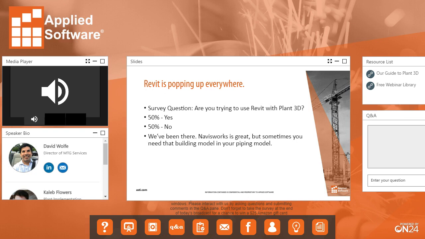So that workflow of integrating Plant 3D with Revit is something we're hearing about all the time, and we're very interested to hear what the level of interest is in some solutions around that, or maybe it's just some education. Jump into the Q&A window if you've got any thoughts around that subject.